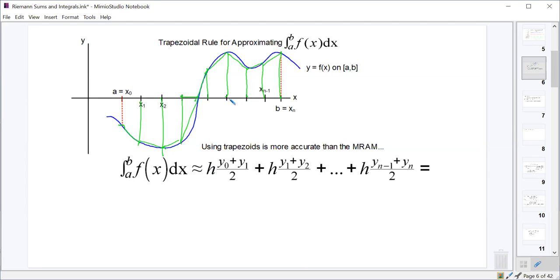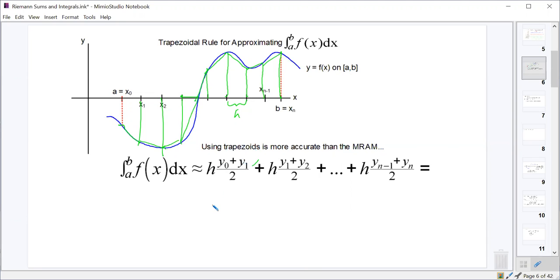So that's h, times y0 plus y1, or y1 plus y2, or y sub n minus 1 plus y sub n, divided by 2. That's where this formula comes from. It's the height times the addition of the two bases divided by 2, or the average of the two bases. Everybody good with that being our approximation?